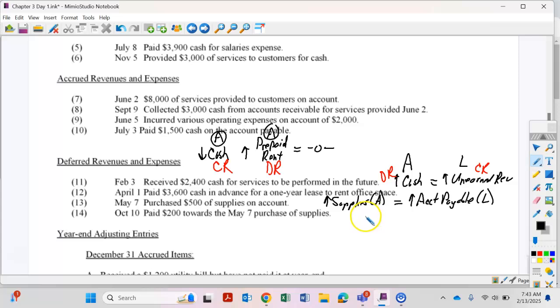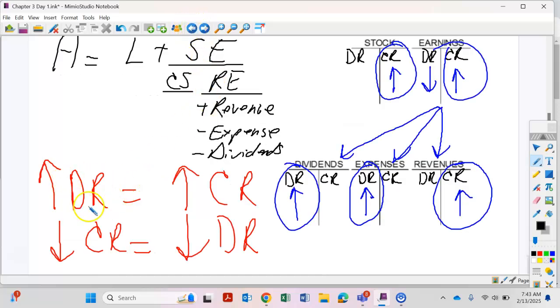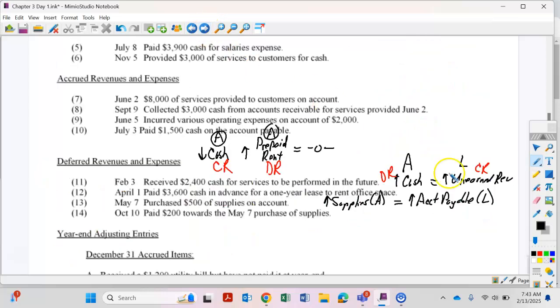So an asset is going up and a liability is going up. Just a quick review over here. Assets go up with debits. The liability accounts payable goes up with a credit. So supplies will be our debit, and we will credit accounts payable. So you'll go to your journal, debit supplies, credit accounts payable.